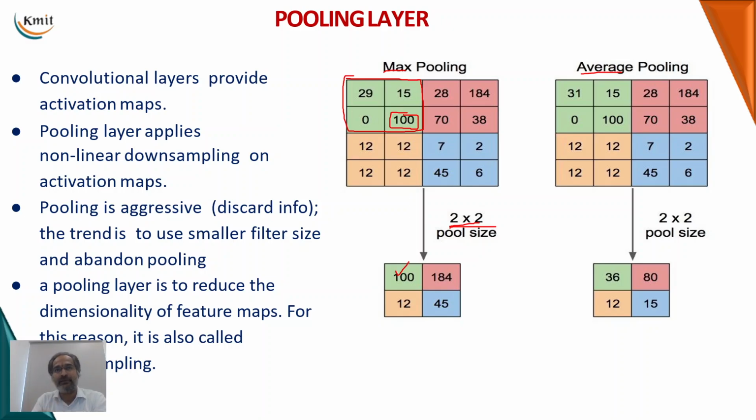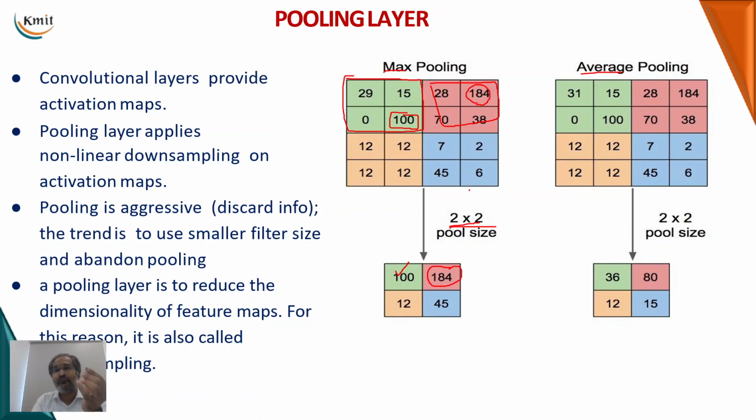So 100 will be taken, and in this we are getting the highest value 184, meaning that we are not losing the intensity of the area. We are getting the intensity of that area and we are removing the unnecessary pixels. So this is the pooling concept.